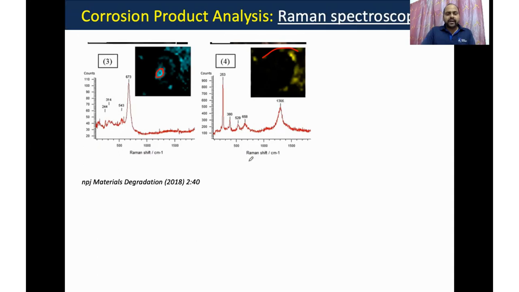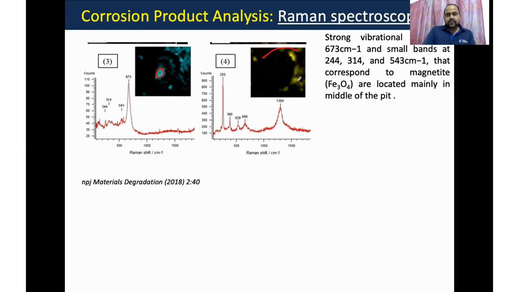What it indicates is that though the pit formation is similar, the corrosion product formed at the center of the pit is different compared to the corrosion product formed at the outer surface. The peak positions in the first measurement are reported at 673, 254, 314 and 540 cm^-1.